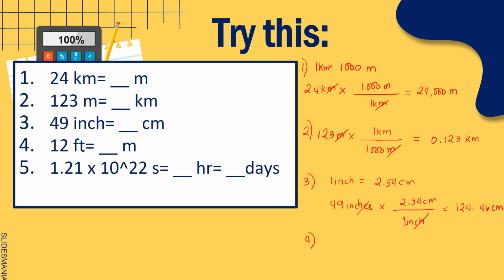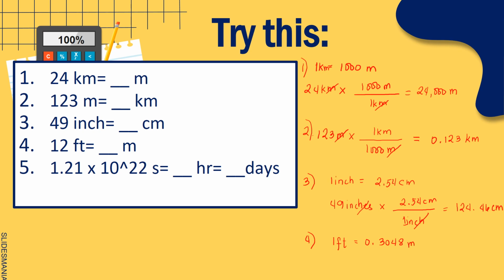For number 4, 12 feet to meters. Also remember that 1 foot is equal to 0.3048 meter.